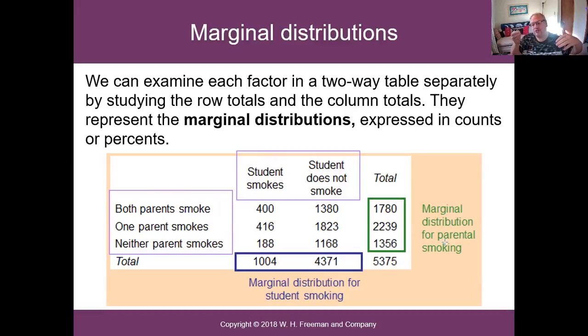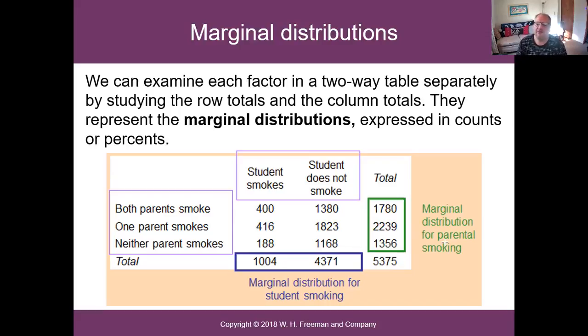Both parents smoke, but you don't smoke, there's 1,380 of them. And then there are people that have one parent who smokes, but they are also smokers, that's 416, and so on. So this is what we call a two-way table. It has to do with 2 questions. It's very much like bivariate data, but it's for categorical data and not numeric data, or quantitative data.